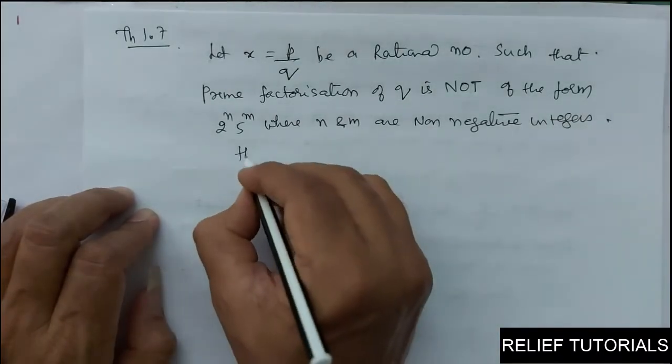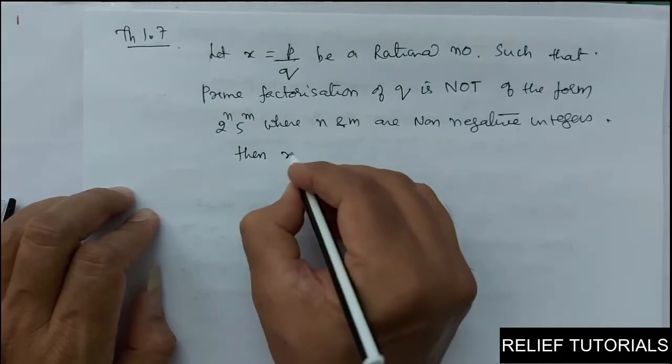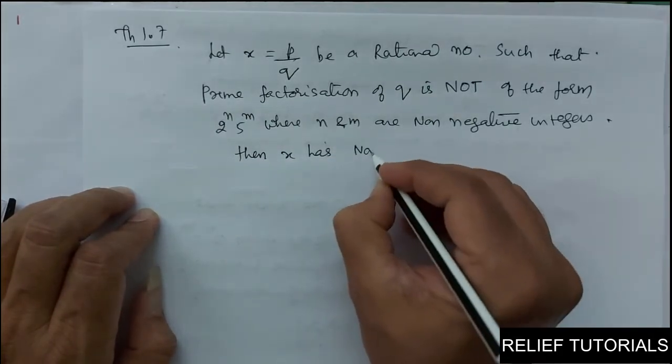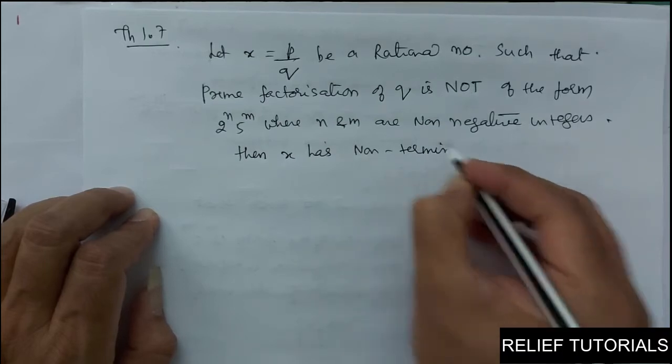Then x has a non-terminating recurring decimal.